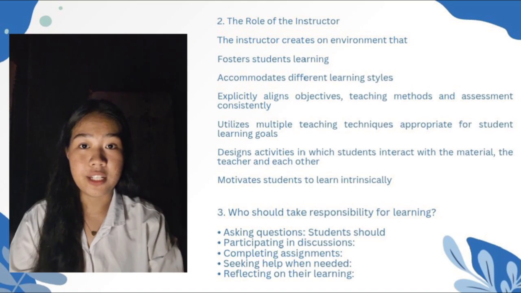Accommodate different learning styles, recognizing that students learn in different ways and providing a variety of learning activities caters to diverse needs. Align objectives, methods, and assessment. Ensuring consistency between what is taught, how it's taught, and how it's assessed is essential for effective learning.